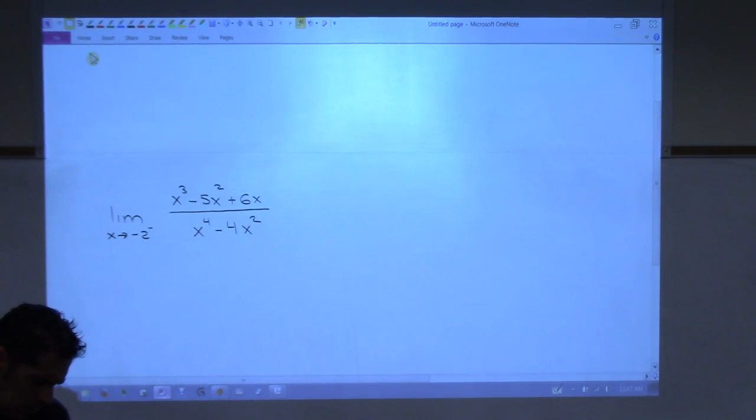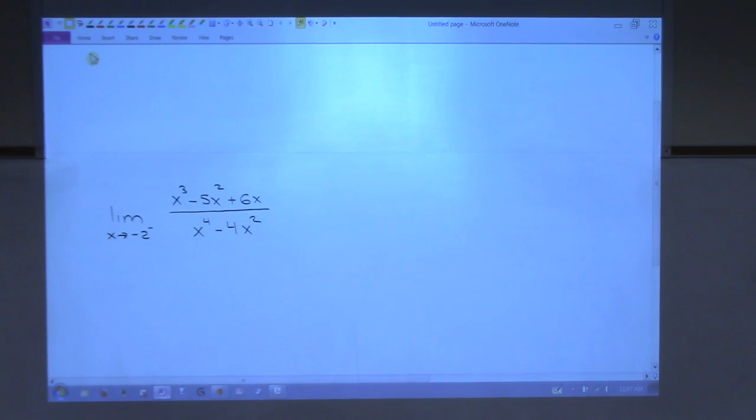Both of them come out positive. All right, I'm seeing what other people are getting. So we have 2 positive infinities and 2 negative infinities right now. I got 3 negative infinities, 2 positive infinities.